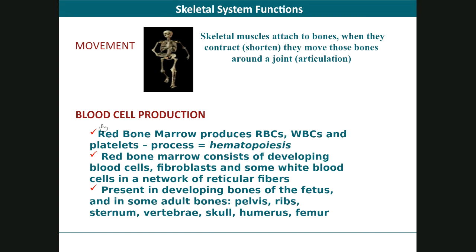We talked about how within the skeletal system, we produce blood cells within red bone marrow. It's a way we produce red blood cells, white blood cells, and platelets through a process called hematopoiesis. This red bone marrow is present in the fetus and some adult bones around the pelvis, ribs, sternum, vertebra, skulls, humerus, and femur.